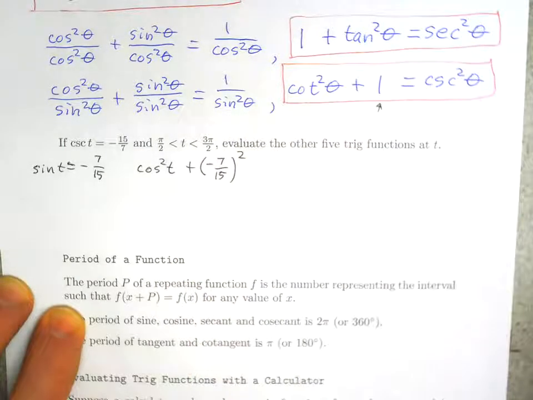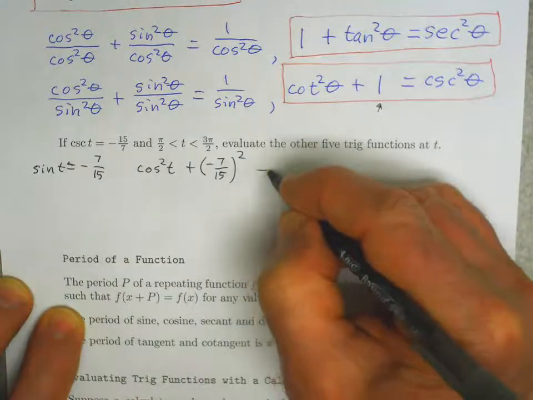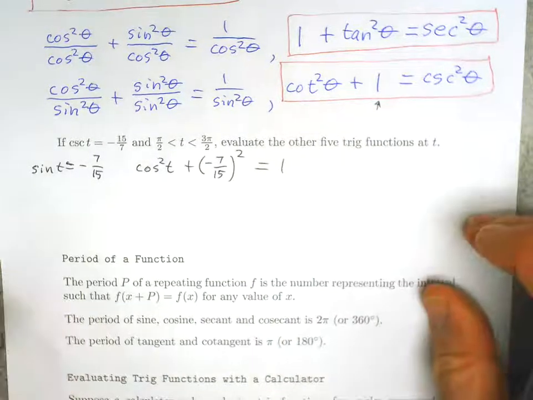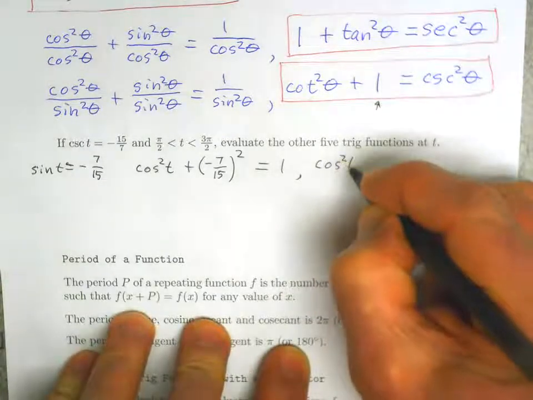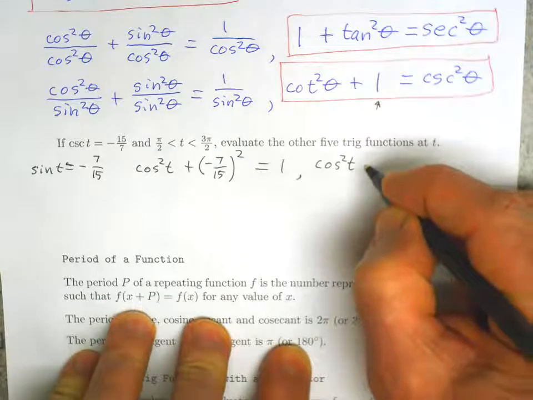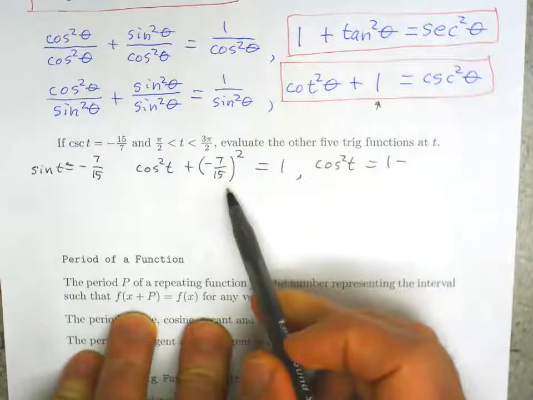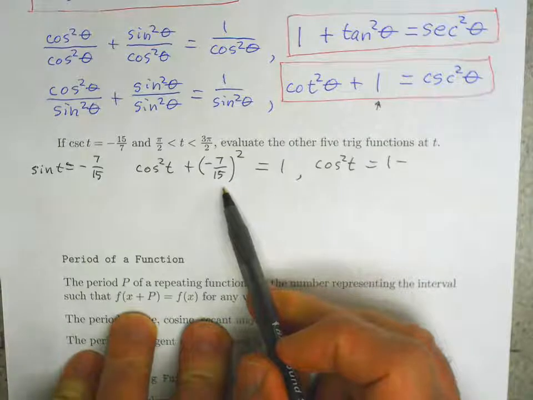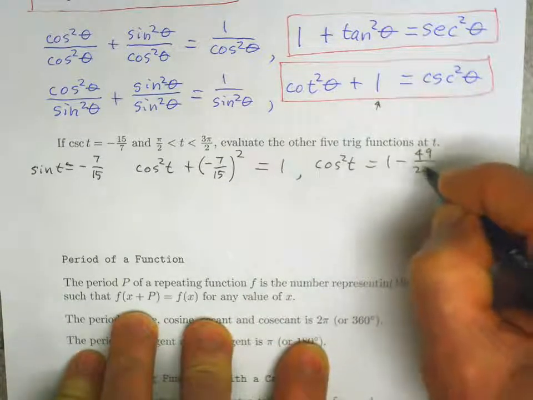So negative 7/15 squared equals 1. And then we just do the arithmetic. Cosine of t squared is equal to 1 minus, and then when we square negative 7/15, we get minus 49/225.